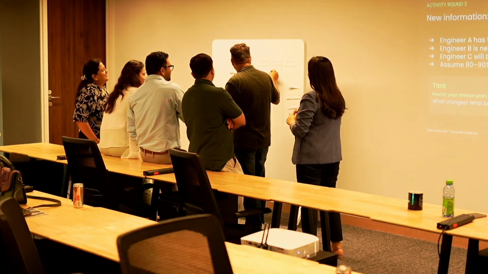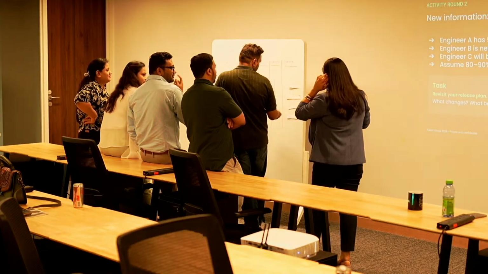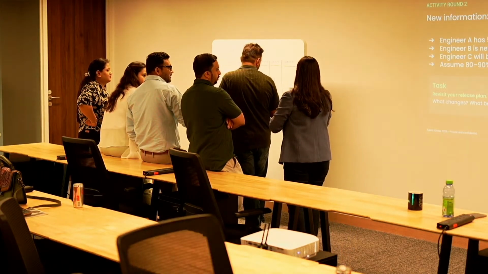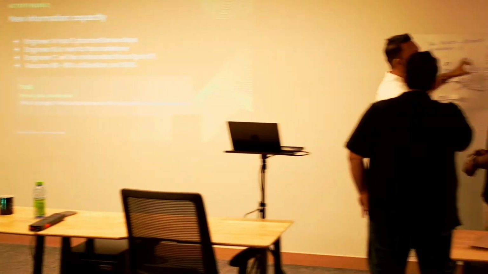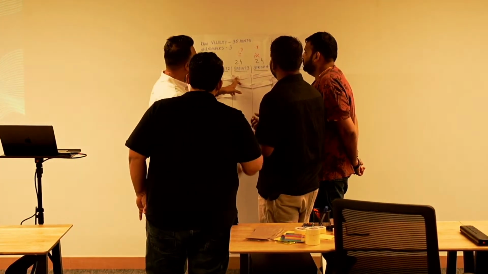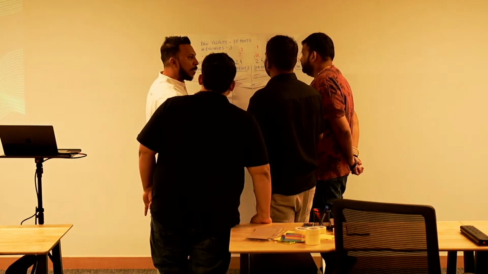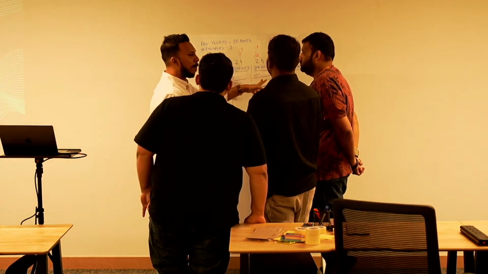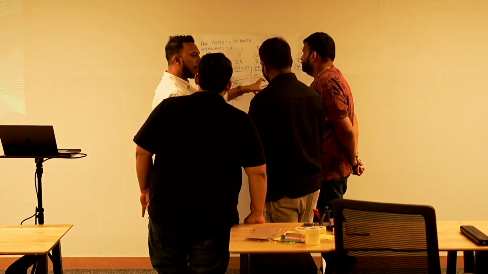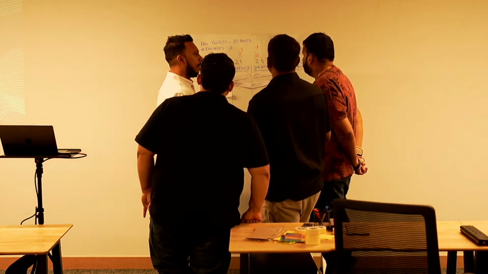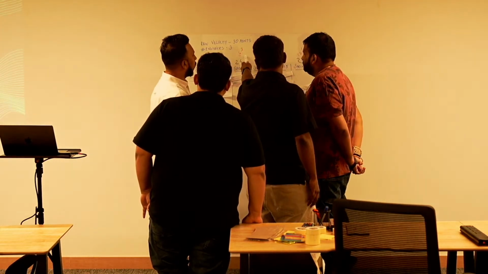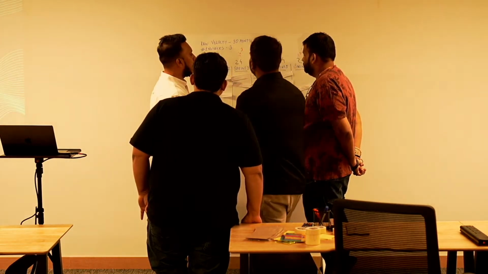Correct. I think what is important that I was just telling them, right? I'll probably write it down. So we had initially said there's going to be a 30-point velocity, right? But in sprint one, we learned that one developer is going to be on leave for 5 days. Let's consider that 30 points is man days in this case to make things simple.